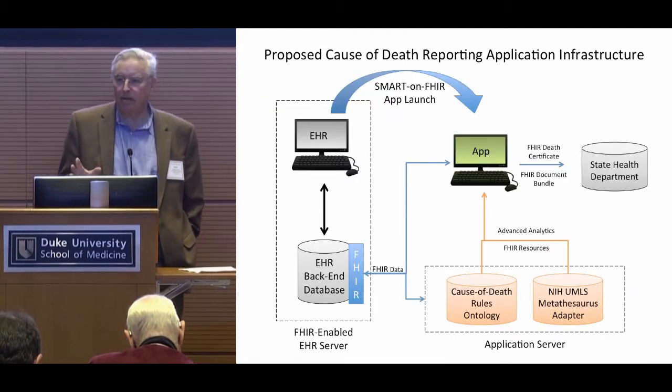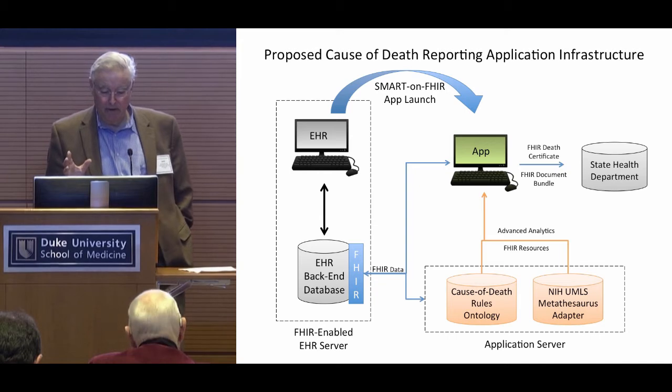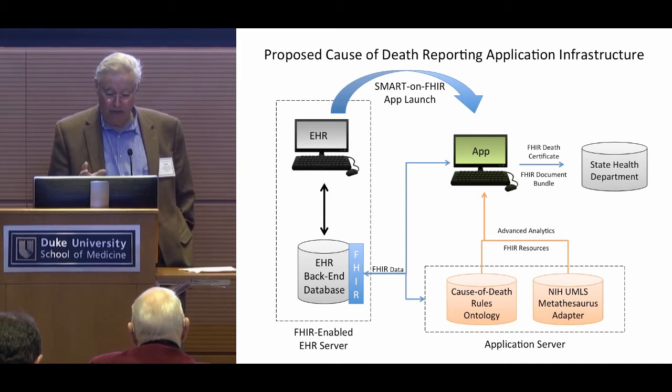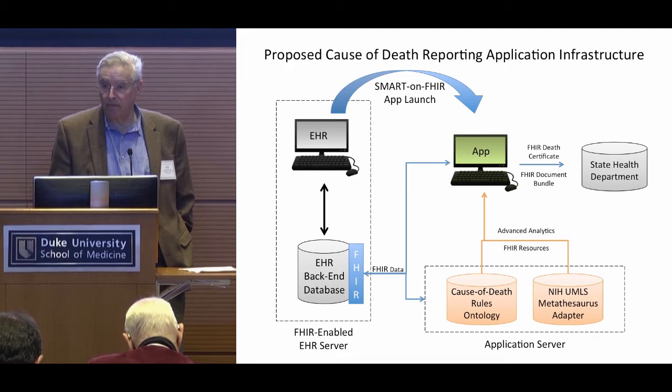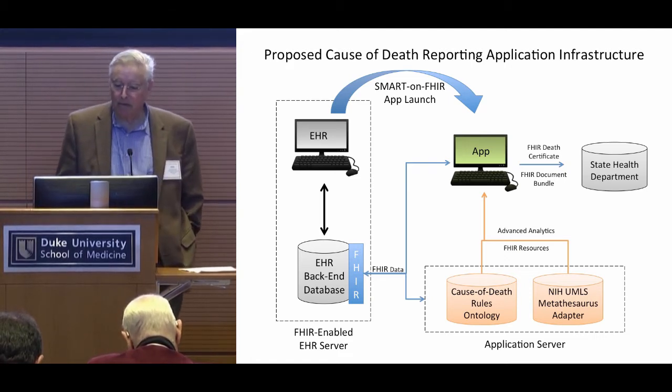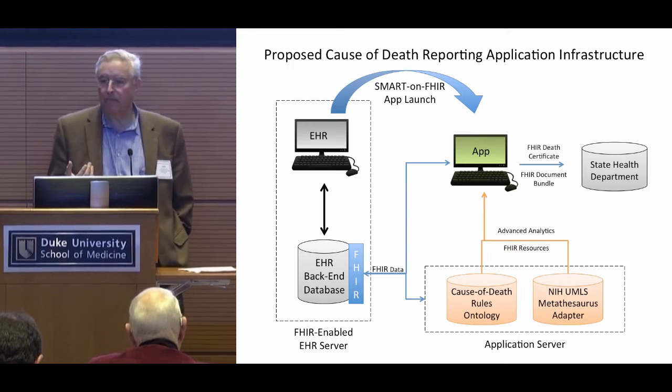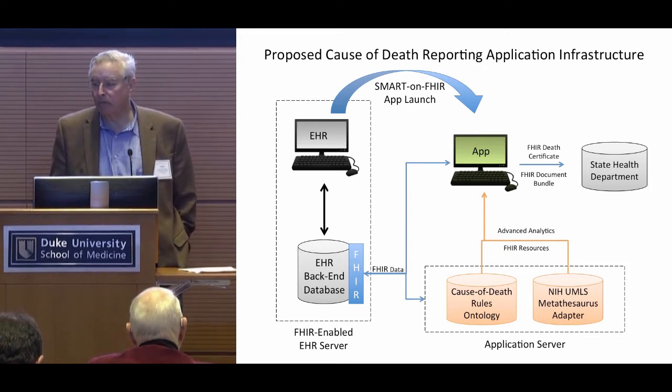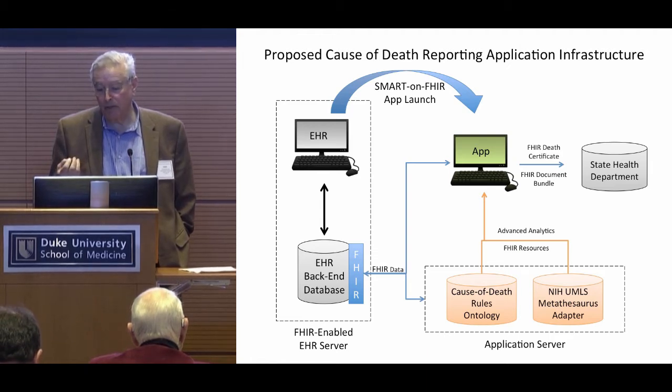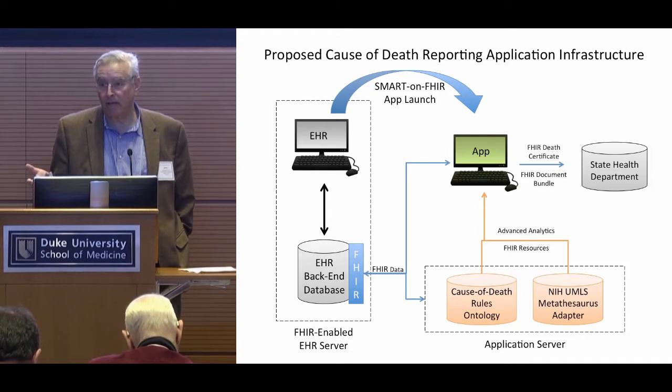So the architecture of the app was as follows. The presumption is that we have a FHIR-enabled EHR, which we simulated in this project, that can support a SMART on FHIR app, which would ultimately report the death certificate information as a FHIR document bundle to a state health department.